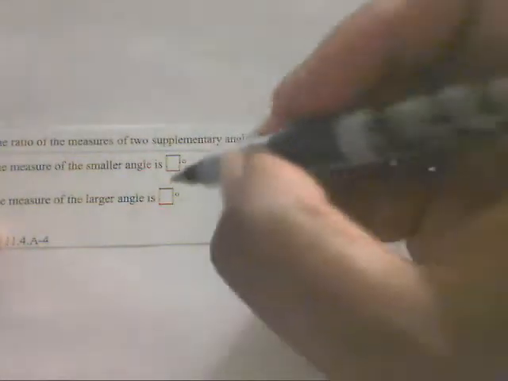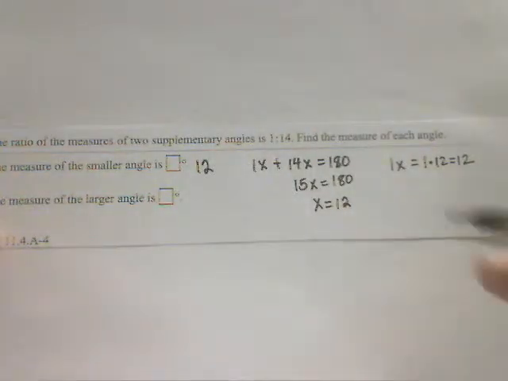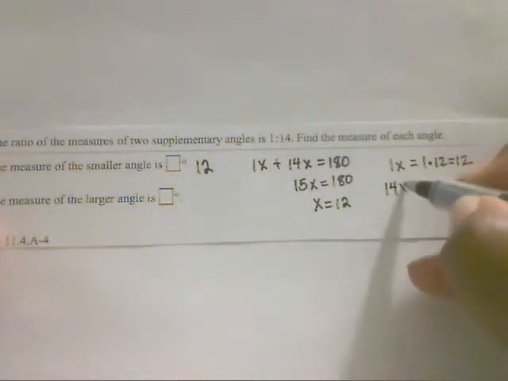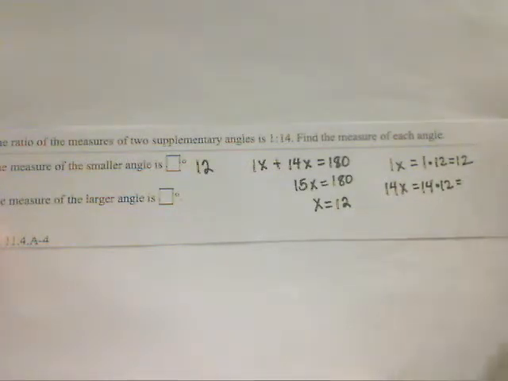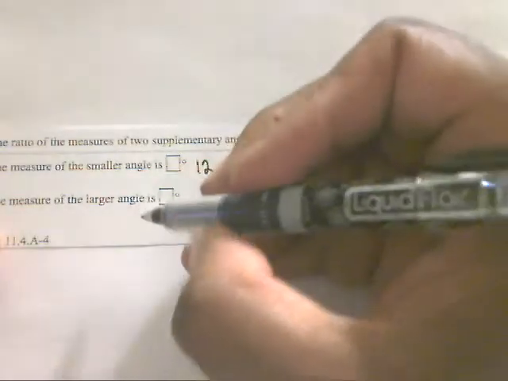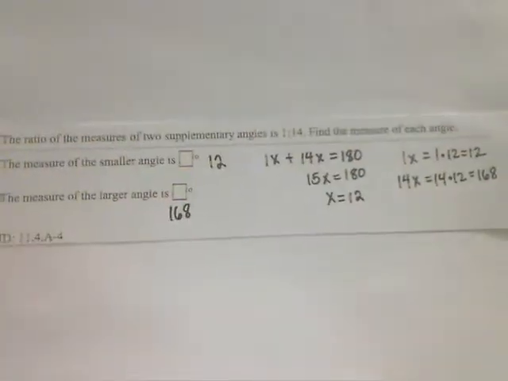That's the measure of the smaller angle, which is 12. And then the second angle was 14x. So 14 times 12 would be 168. So the measure of the larger angle is 168 degrees.